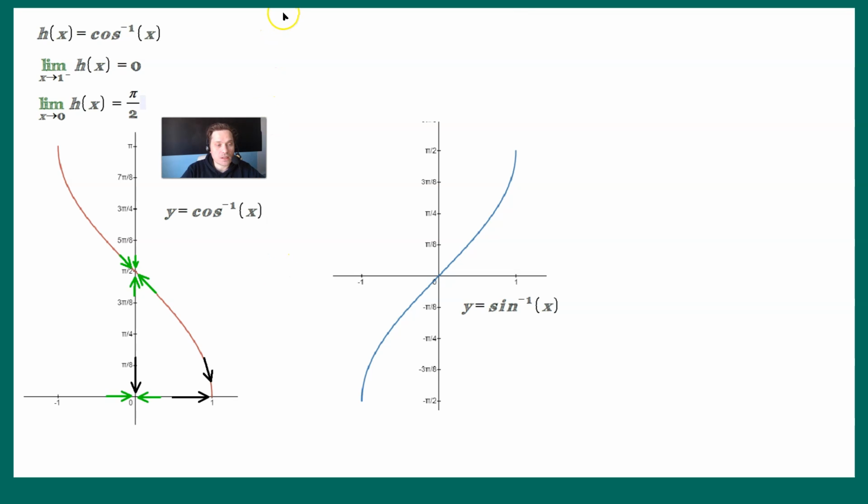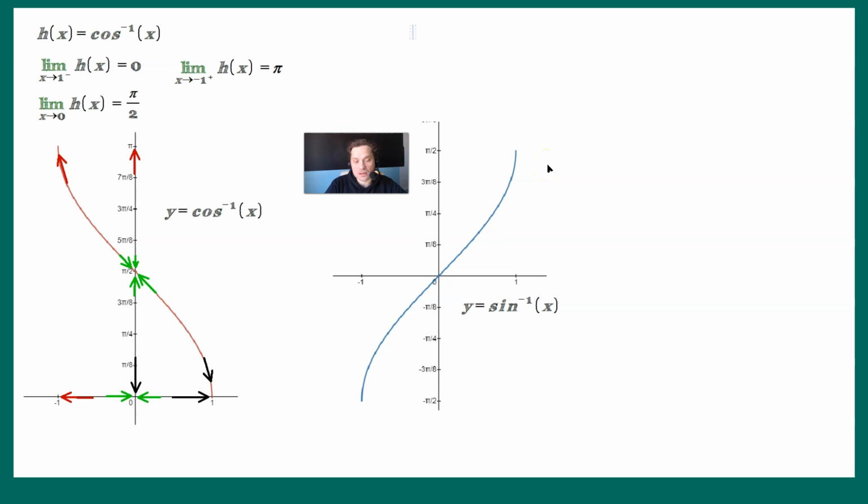One last limit that we can take here: we can approach negative 1 from the right side. The points along the graph move this way, which means that the corresponding y coordinates move up from below towards pi, which means I can write down the limit as x approaches negative 1 from the right side of h of x is equal to pi.